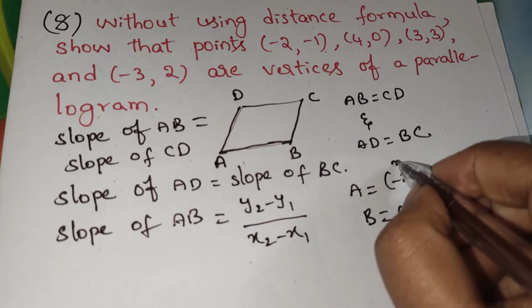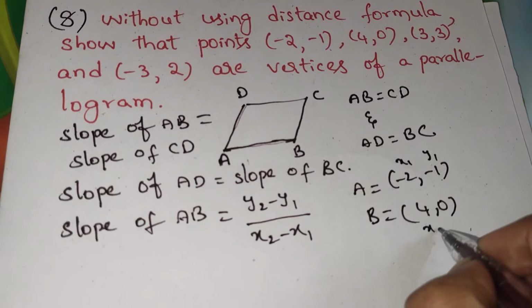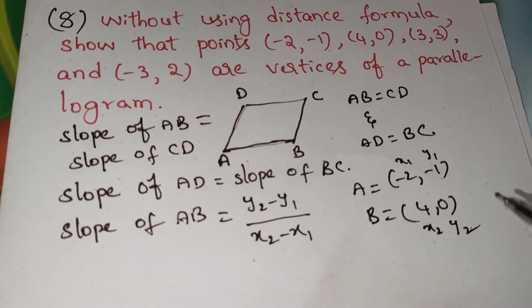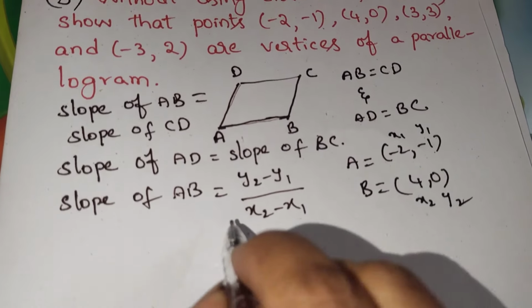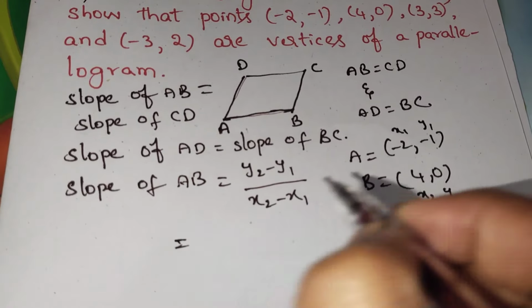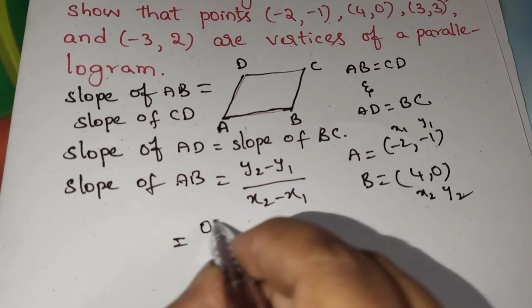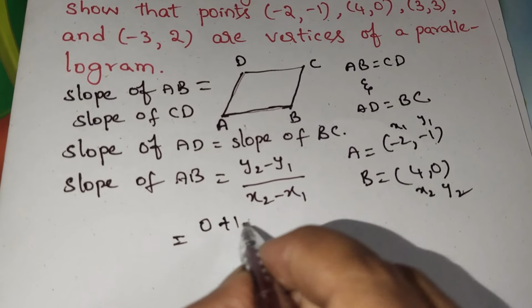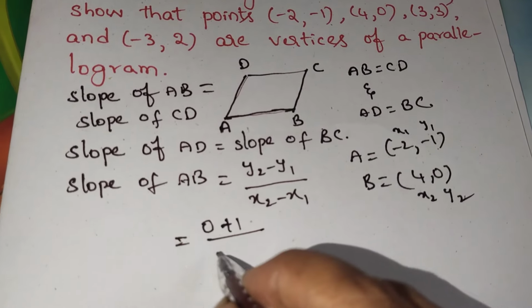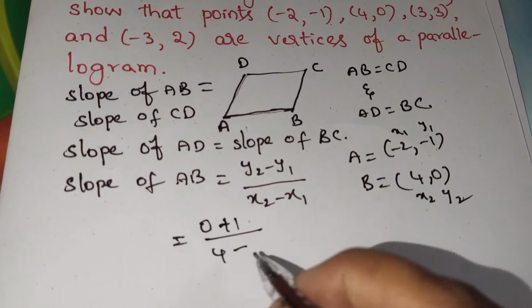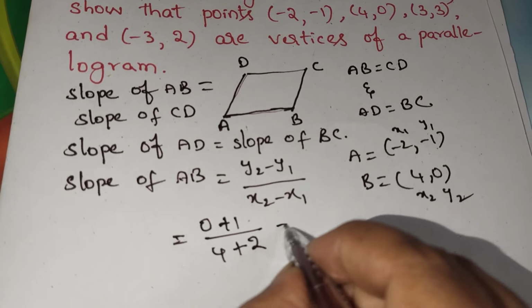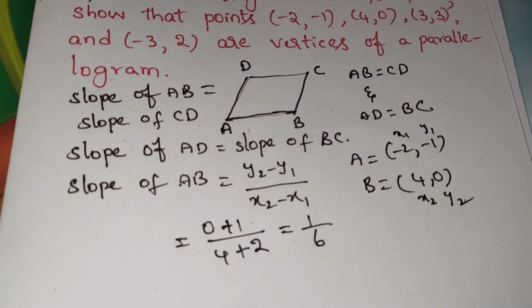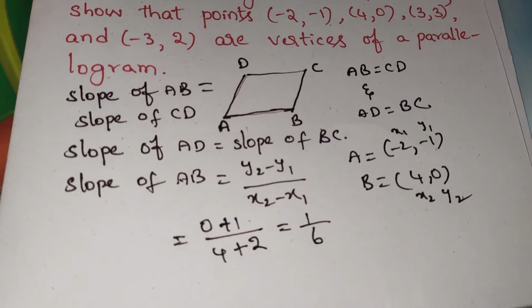So identify x1, y1 and x2, y2. Now substitute these values in the formula. y2 is 0 minus y1, y1 is minus 1, so minus of minus is plus 1, by x2 4 minus x1 minus 2, that is plus 2, 1 by 6. So the slope of AB is 1 by 6.